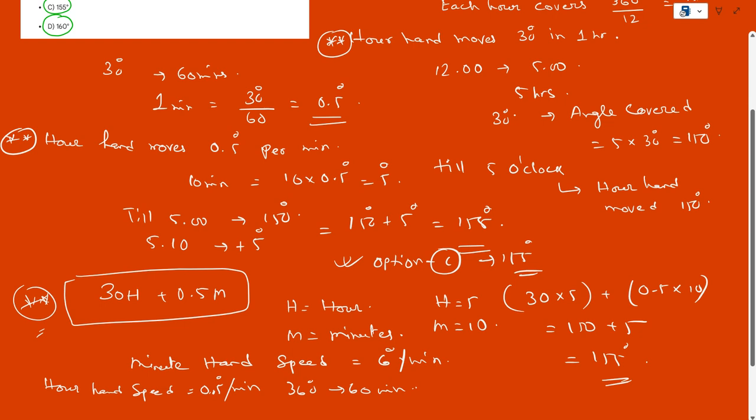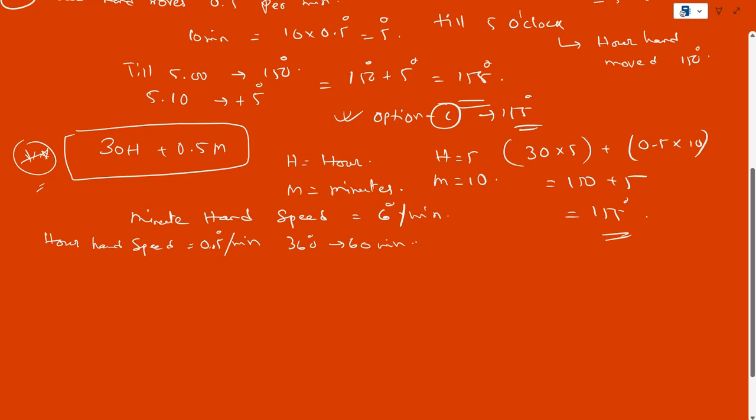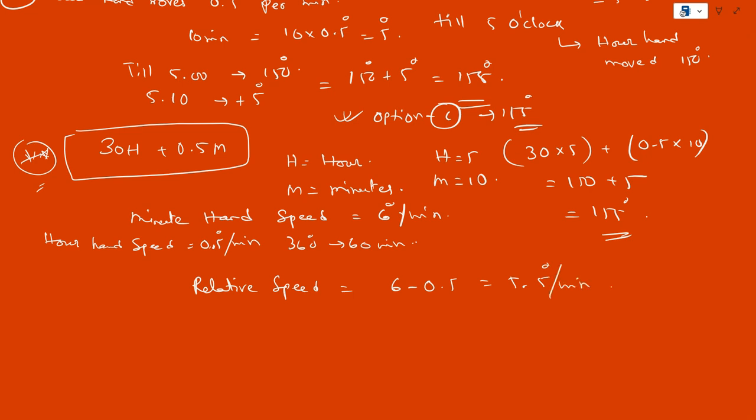Okay. And what about the relative speed? This is the difference, 6 minus 0.5. So this is 5.5 degree per minute. This becomes super useful in the angle between the hands, overlapping problems, and the opposite direction questions.